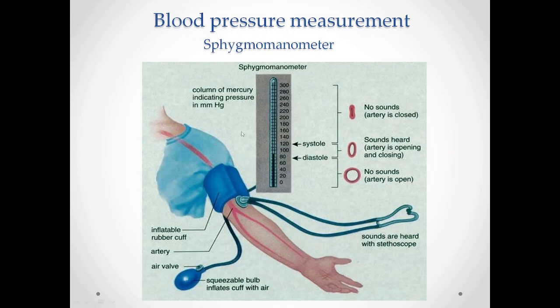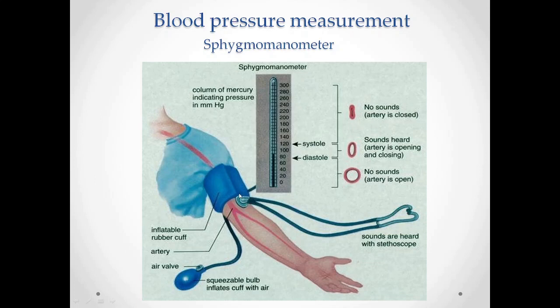This is used to measure the pressure. This is a simple diagram which tells us how they measure the pressure in the arm. Imagine a patient stretching his arm like this. Blood from the heart flows through the arteries to the tips of your fingers. A cuff, which is inflatable, will be tied on your arm.